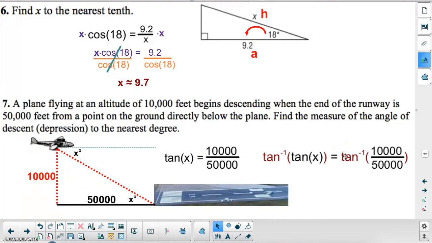To do that, we have to take the inverse tangent of both sides. On the left, the tangent and inverse tangent will cancel away, but I then have to take the inverse tangent of 10,000 over 50,000, and I should get, to the nearest degree, 11 degrees.